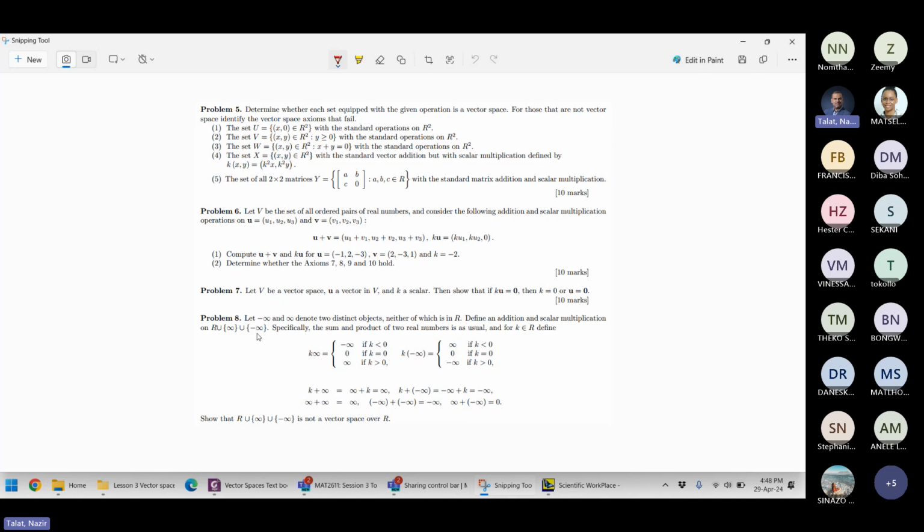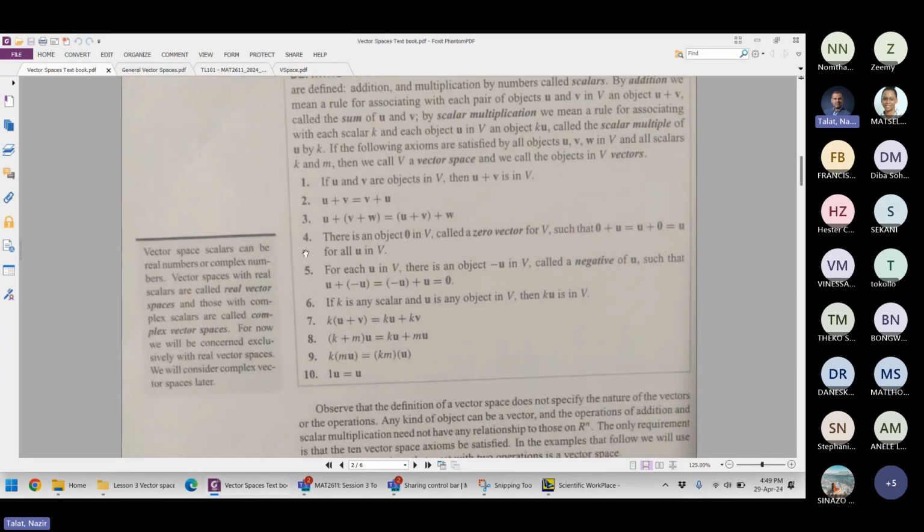You need to figure out that maybe 3 or 4 conditions of a vector space do not hold. But if you specify any one of them and show that, look, the following one does not satisfy. For instance, here we have the 10 axioms.